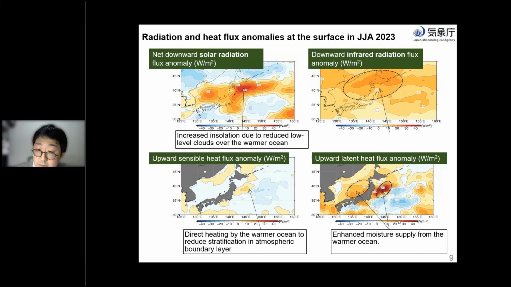And lastly, the downward infrared radiation was also enhanced over northern Japan. This anomaly was likely due to increased moisture and enhanced evaporation around northern Japan, which enhanced the greenhouse effect, as I will show later.